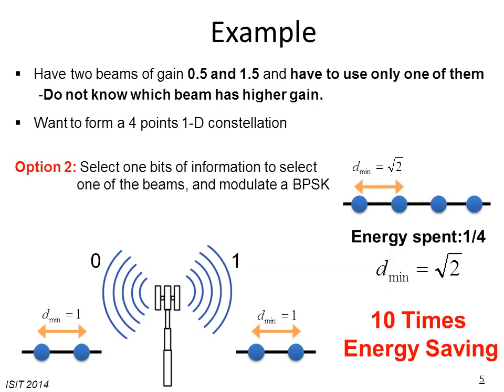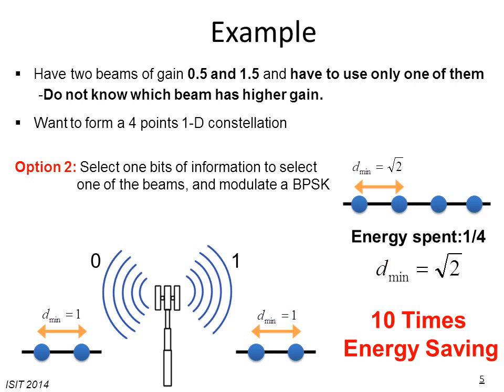To continue with the example, here I have the same two-beam antenna, and this time I use the concept of media-based modulation. This means I want to transmit 2 bits of information. I use 1 bit to select the antenna beam.